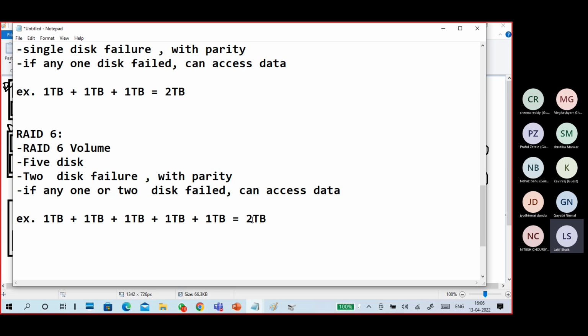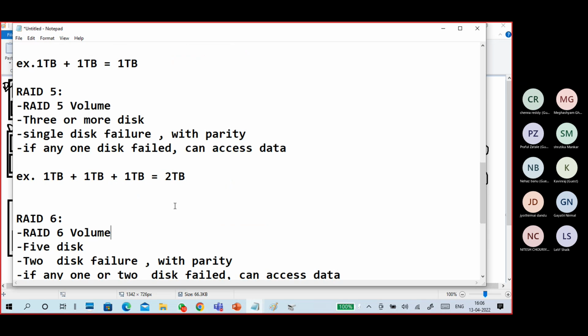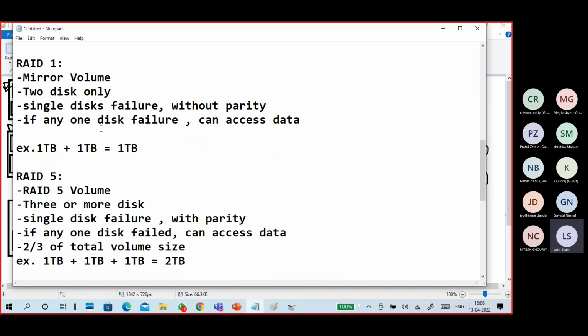You get a 3 disk volume. In RAID 5, you will get 2/3 of the total volume size only. So here it is 1/2 of the total volume.